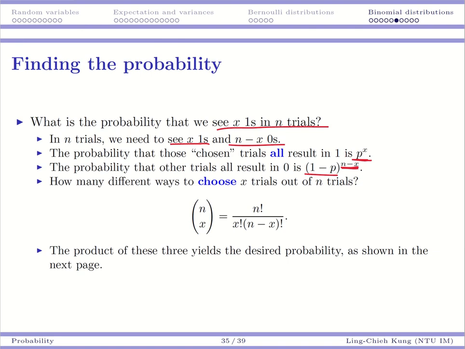how many ways do we have of choosing x trials out of n trials? That's exactly the combination thing that we learned in the past. If we want to choose 2 persons out of 5 persons, how many different ways do I have? 10. If I want to choose 3 persons out of 6 persons, how many ways do I have? We have 20.